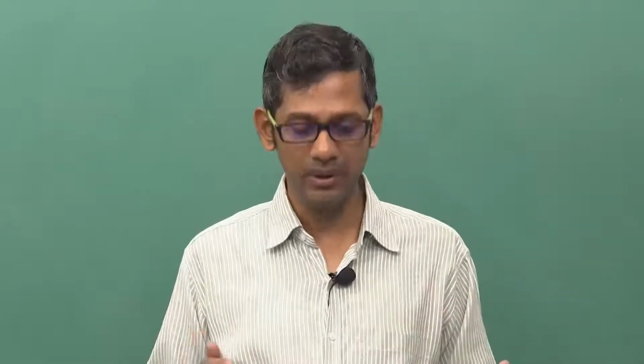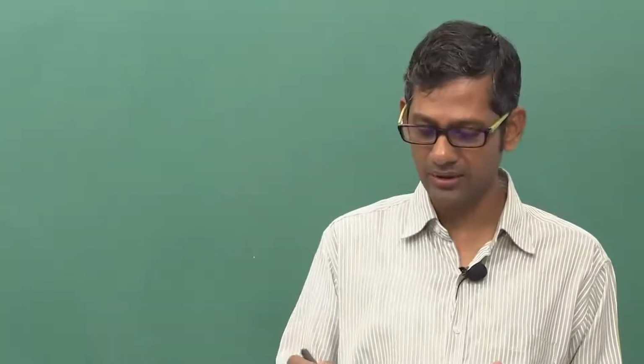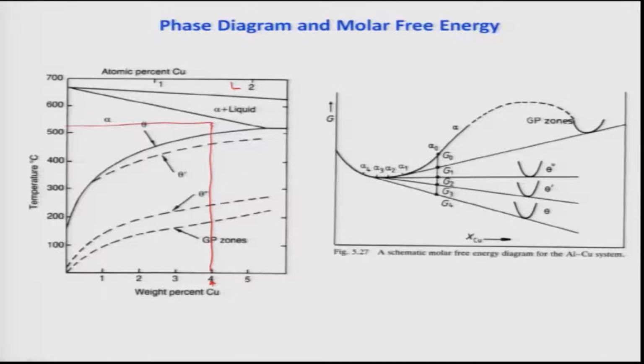Now once I take this quenched sample, it has quite a lot of copper, more than what alpha phase is supposed to have. If you look carefully, as I have shown you last class also, if I quench to room temperature, alpha phase should not contain a large amount of copper. It should contain a very small amount of copper. As you see here, this is the solvus curve, which is going down like this, a very rapid decrease.